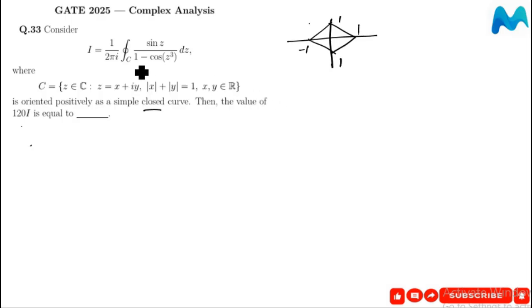Now we have to check its singularity. The expression is f(z) = sin z over 1 minus cos of z cube. We need to find the singularity of this expression.